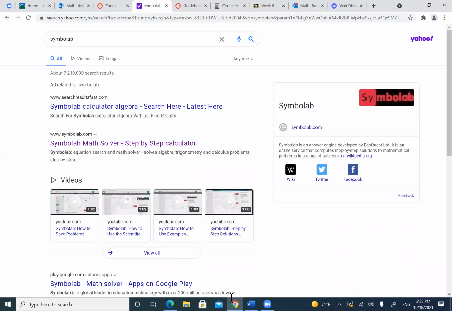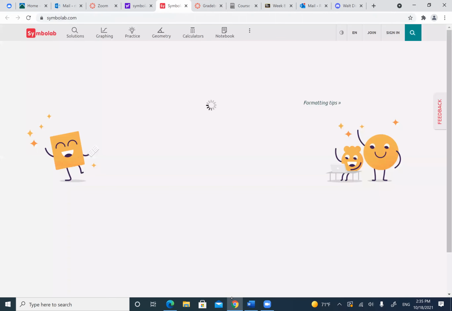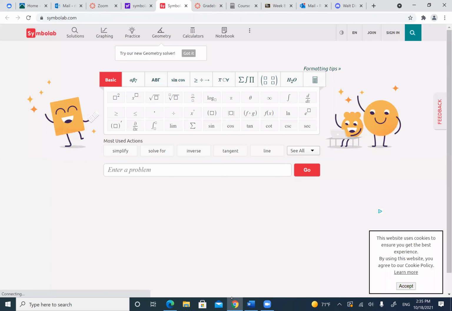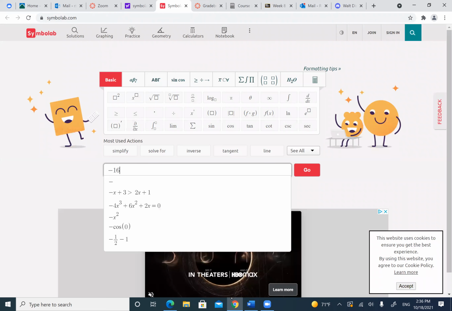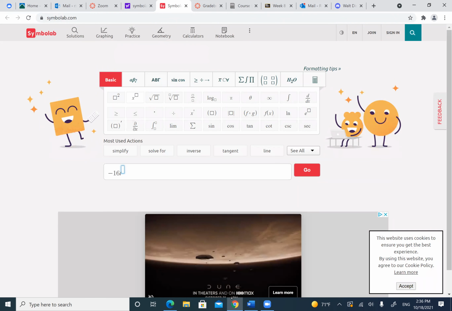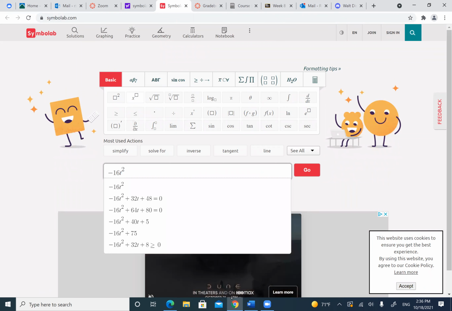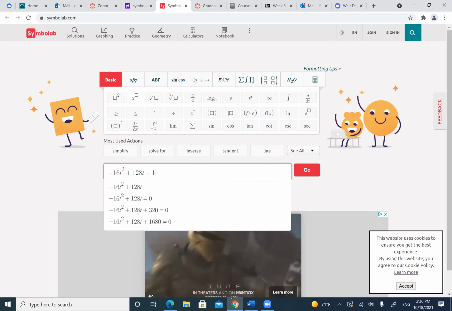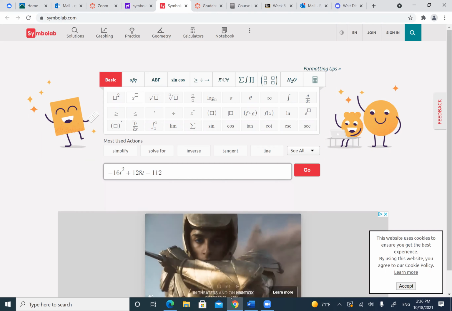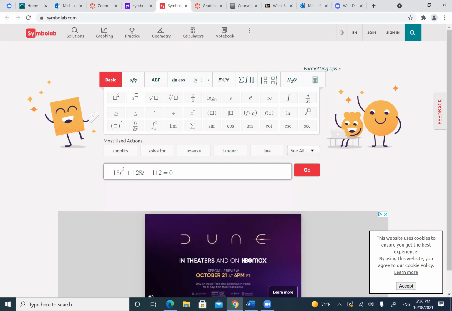And we have -16t squared plus 128t minus 112 equals 0. Is that what it is?